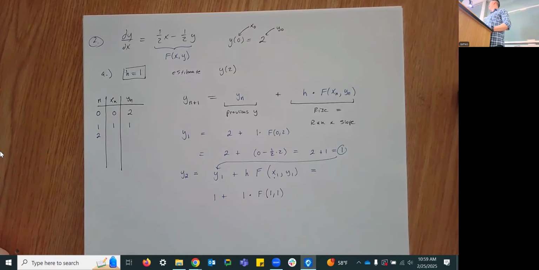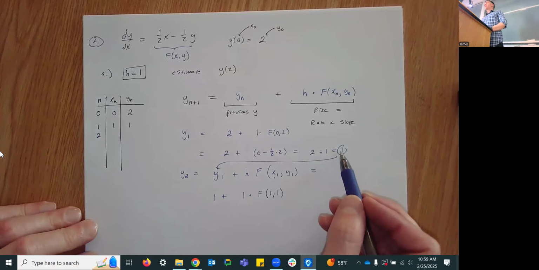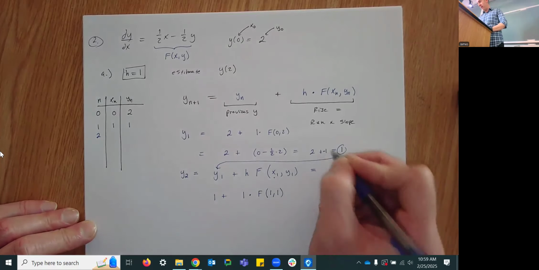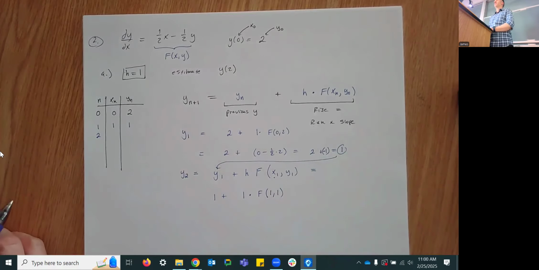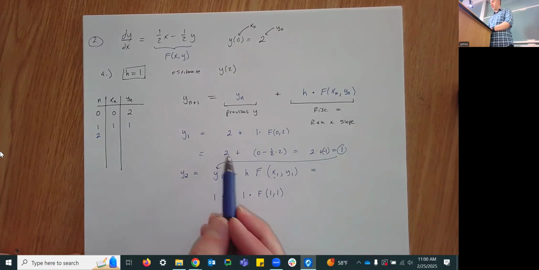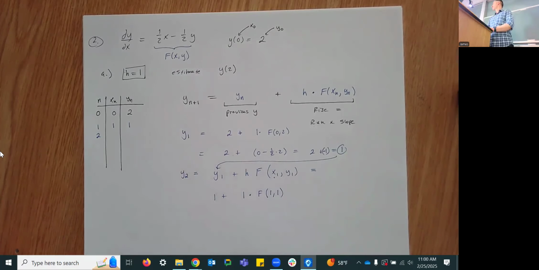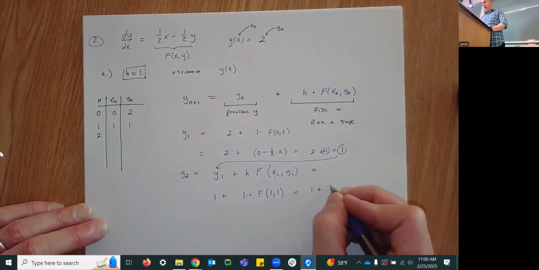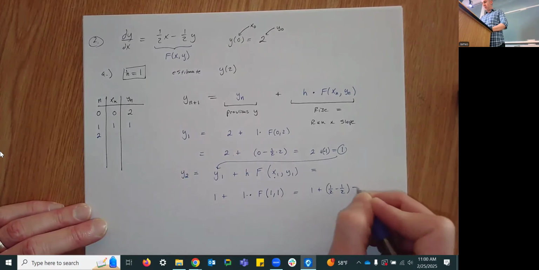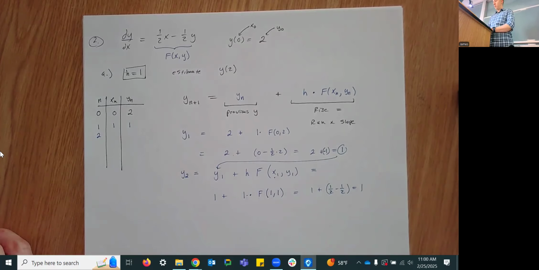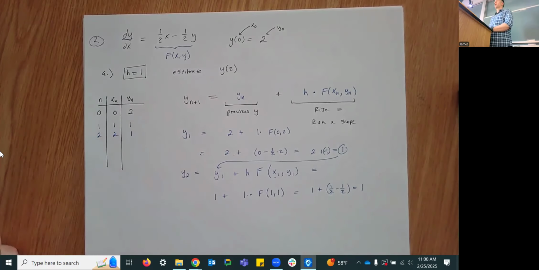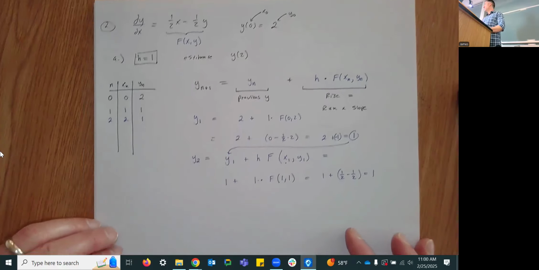Yeah, it should be 2 minus 1. I certainly got the right answer, but I wrote the wrong thing here. That should be a 2 plus negative 1. Sorry about that. So then we're going to get 1 plus 1 times 1/2 minus 1/2, which is 1 plus 0, which is 1. So our y sub 2 is also 1. How exciting. So graphically, here's what we did.